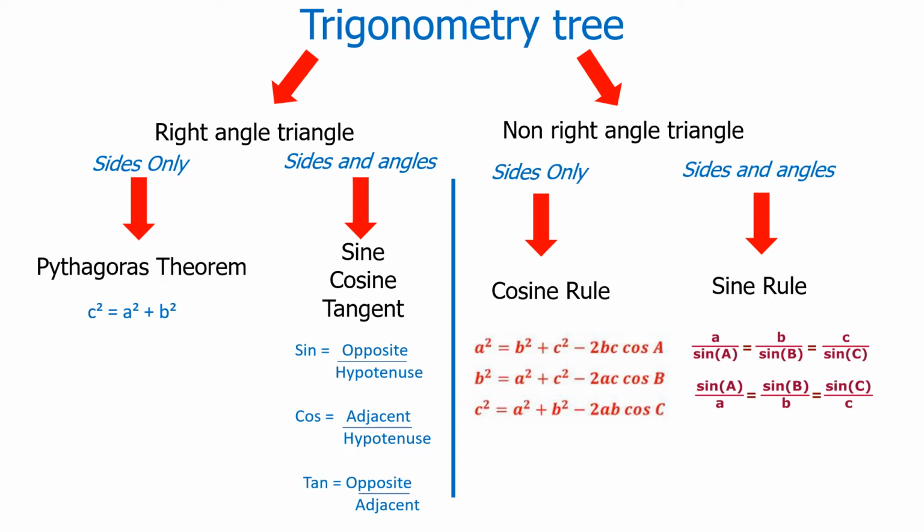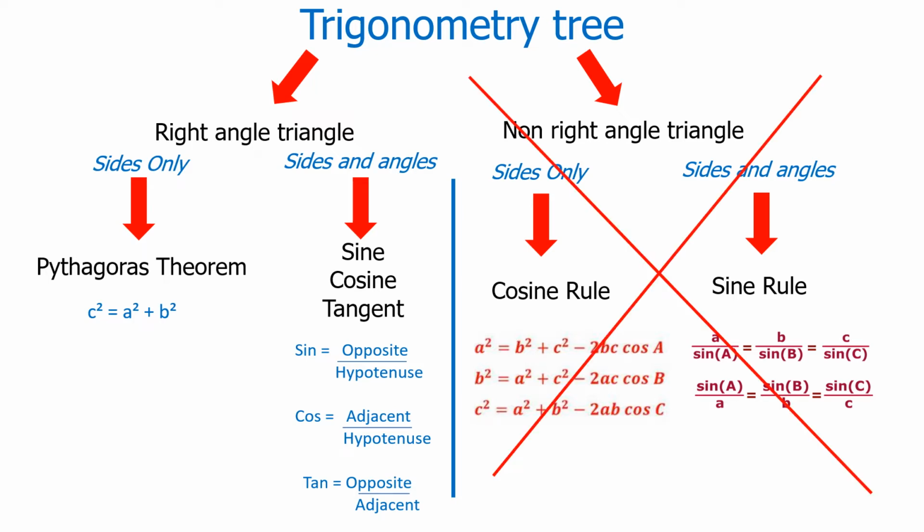Let's populate our tree with the formulas that you would use for these specific situations. In this lecture, we will be concentrating on right angle triangles, as they represent about 90% of the triangles that you would use in your day-to-day workshop calculations.